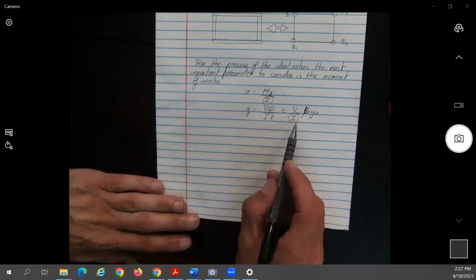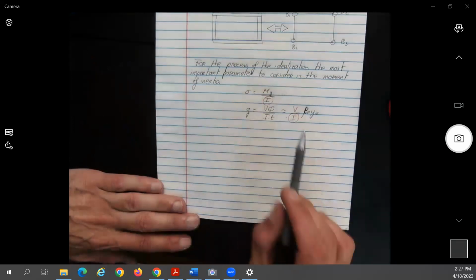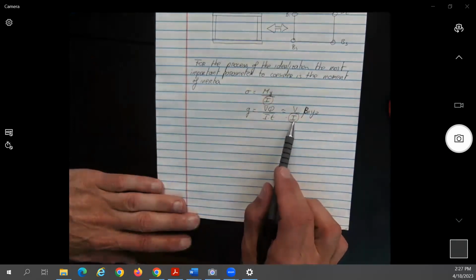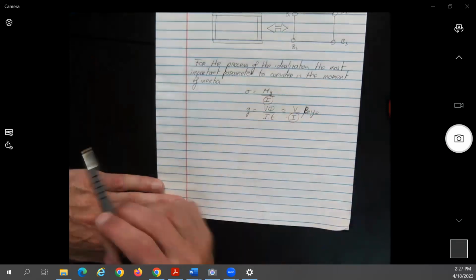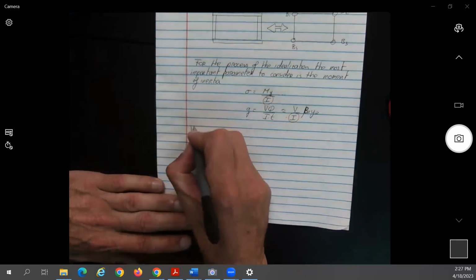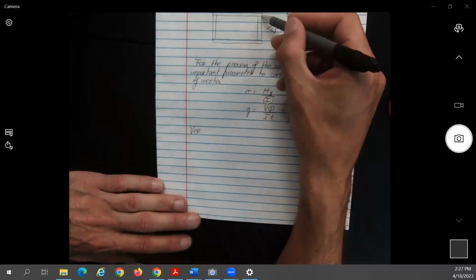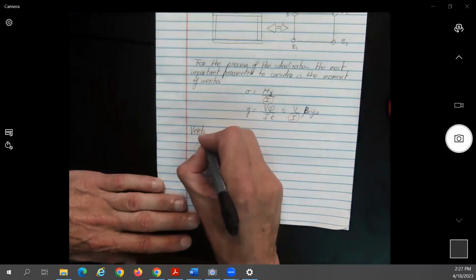So we're going to base our idealization on trying to keep the representation of the moment of inertia between this model and this model. Okay, so first we're going to look at the vertical members, so this one and this one over here.